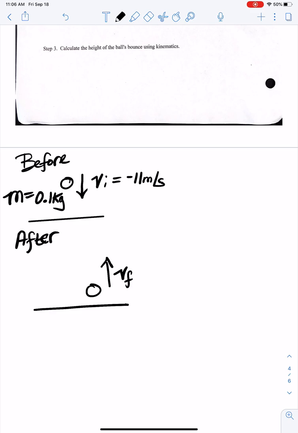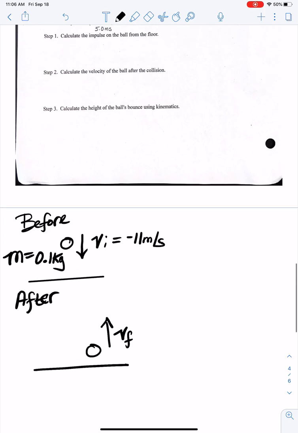I think that's one of the things they're going to ask us. It says it strikes the floor with the speed of 11. The graph shows the force that the floor exerts on the ball. Calculate the height. Okay, so we want to actually know the height that the ball travels. But I think to know that, we're going to start with knowing this final velocity. That's going to be the trick here, or the way to unravel this problem. So other than that, I think we're good.